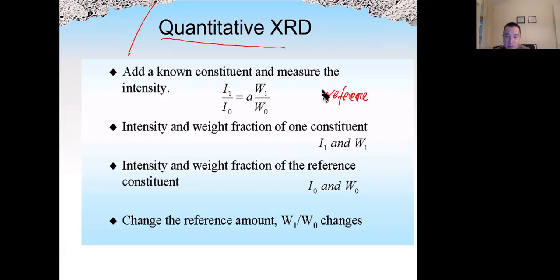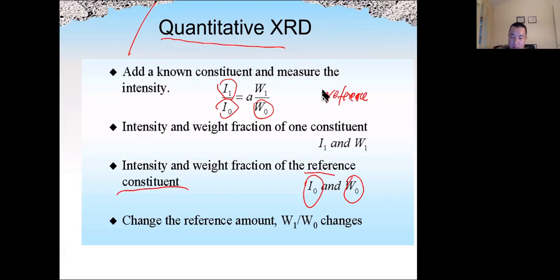And then we measure the intensity. For the reference material, we have a known intensity I0 and also a known weight fraction. So I0 and W0 are known, and the intensity for the unknown material can also be measured.